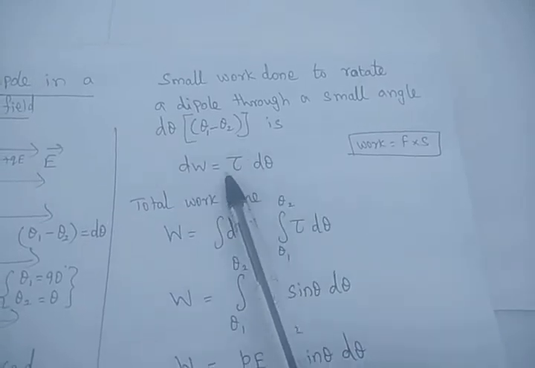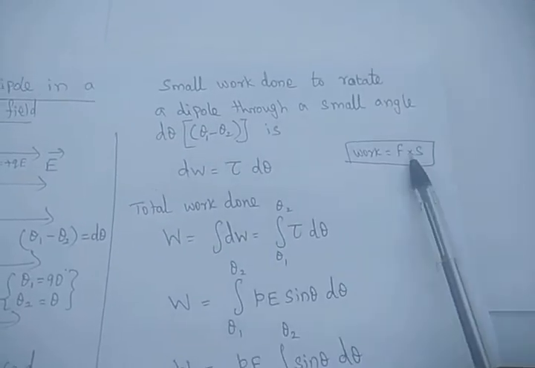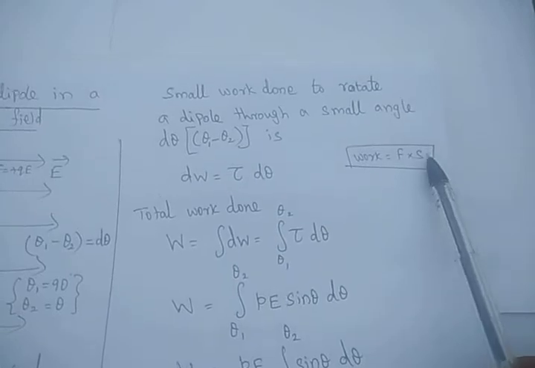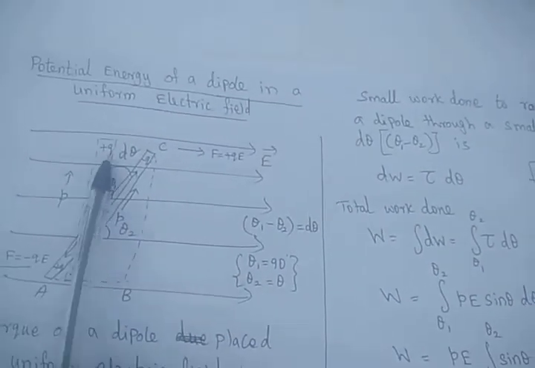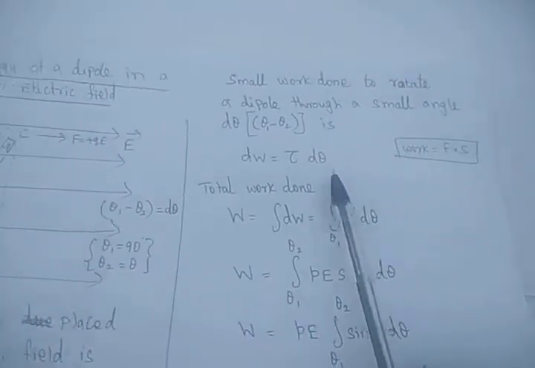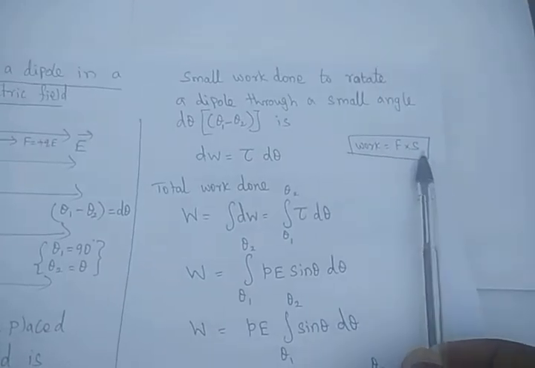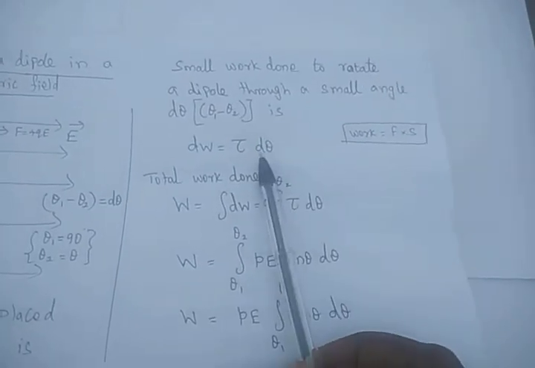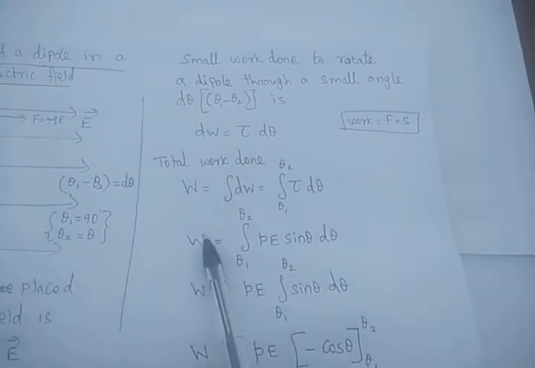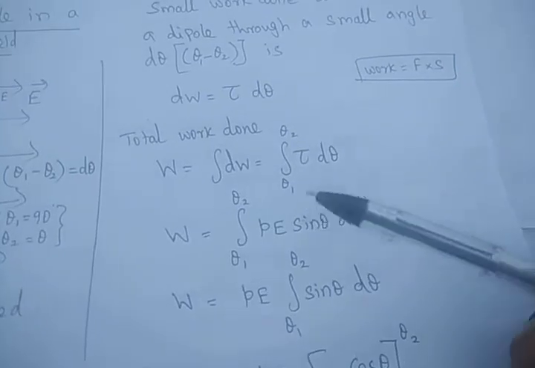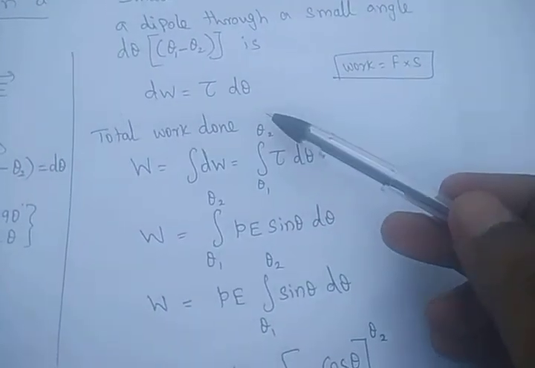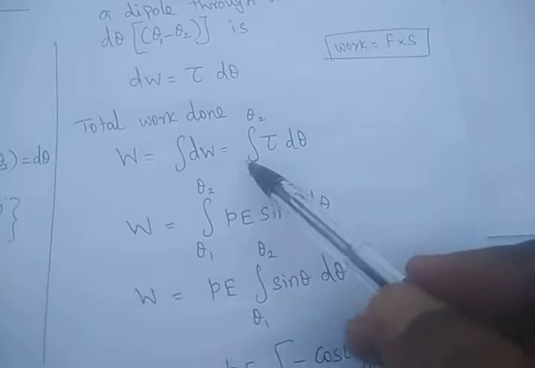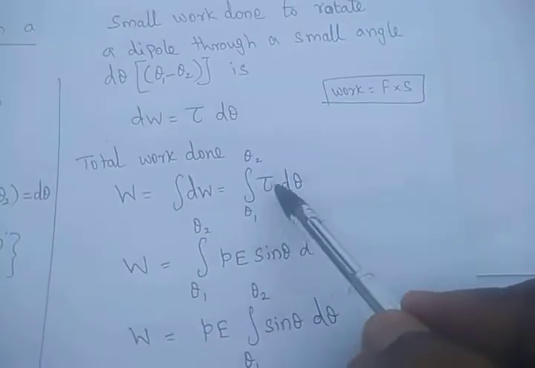Here the force is a rotating force, that is torque, and the displacement is the angle d theta. So the total work is an integration from theta 1 to theta 2, where dW is equal to tau into d theta.